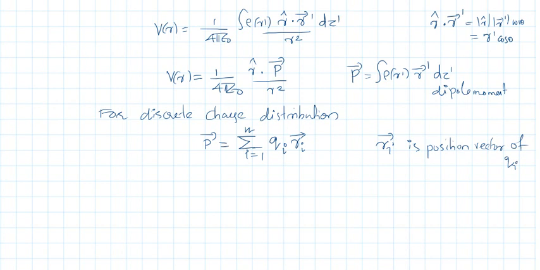So this is the dipole moment of a discrete charge distribution, and this is the dipole moment of a continuous charge distribution. So for any charge distribution, we can define a dipole moment.